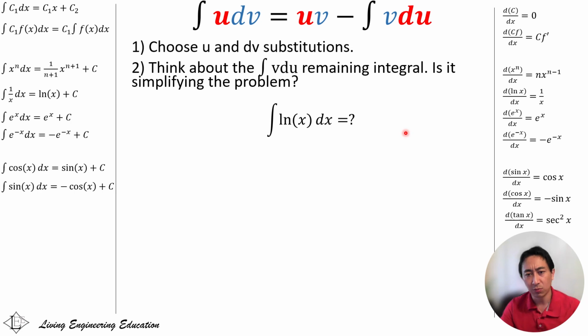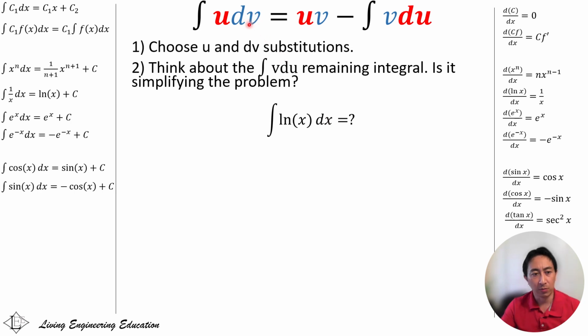All right, so this problem, I think, makes it pretty apparent what you should select for u and what you should select for dv. Now remember, when you select the dv component, it has to contain your dx term. It could contain something else in addition to it, but it has to contain the dx. So because of that, it makes sense to choose natural log x as the u value and dx as my dv value.